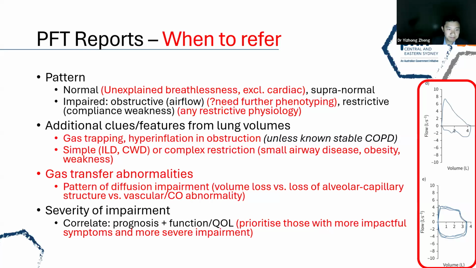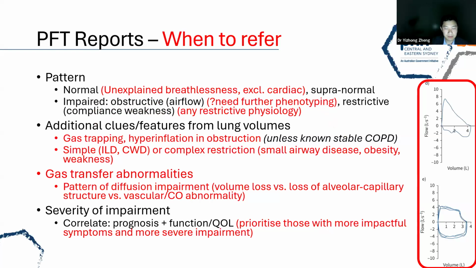Apologies. If they have an impaired pattern and if it's obstructive, consider whether they need further phenotyping. Do you need a pheno level to decide what's happening with their inhaled corticosteroid? Do they need inhaled corticosteroid? Does that need to be titrated?